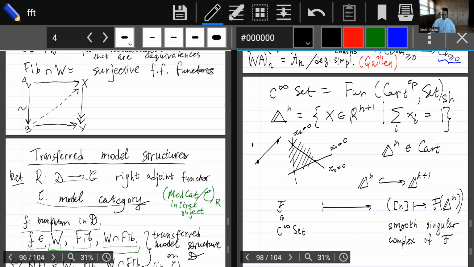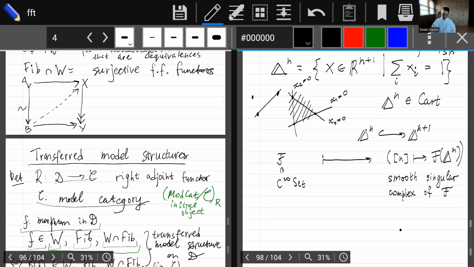And the reason for that is that the topological simplex retracts onto a horn. For example, in the topological situation, you will have an inclusion map from a two-dimensional horn to a topological two-simplex.